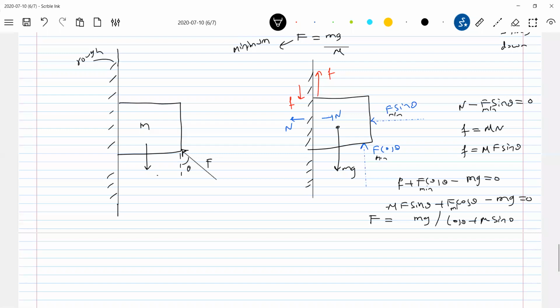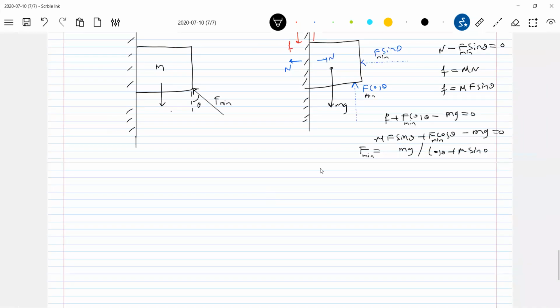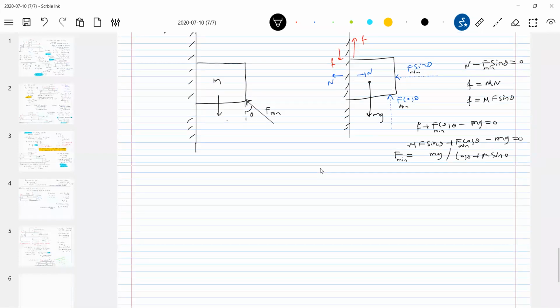Let me put the condition for this minimum force. If I increase the magnitude of force, then what is the direction of friction? Let it be like this. This is the minimum force. Now I'll keep on increasing the magnitude. Then at one specific value, the friction will change direction. So you can see both the cases.